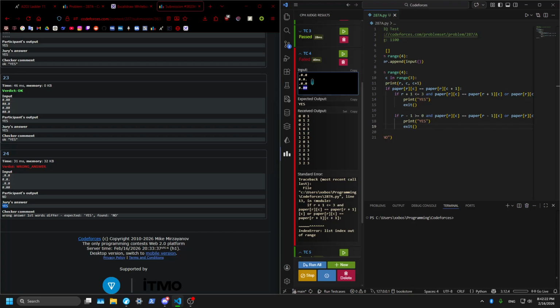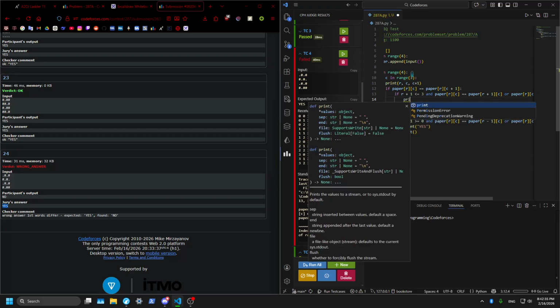R is 3, R plus 1 is 4. 4 is greater than 3. Are we failing here?